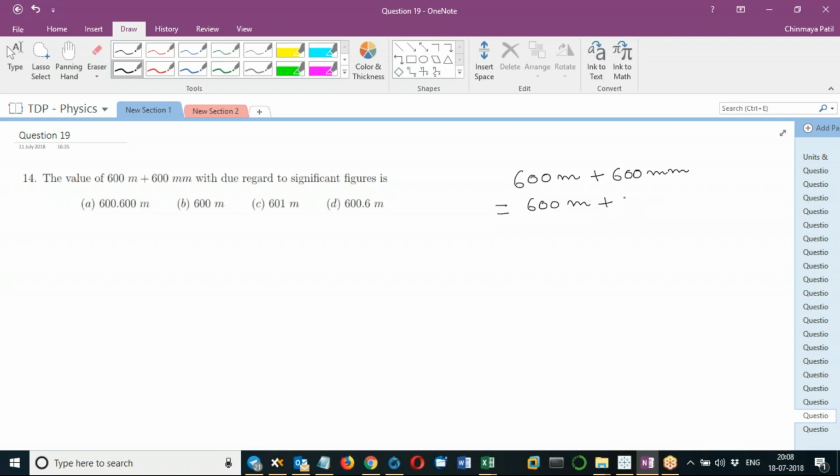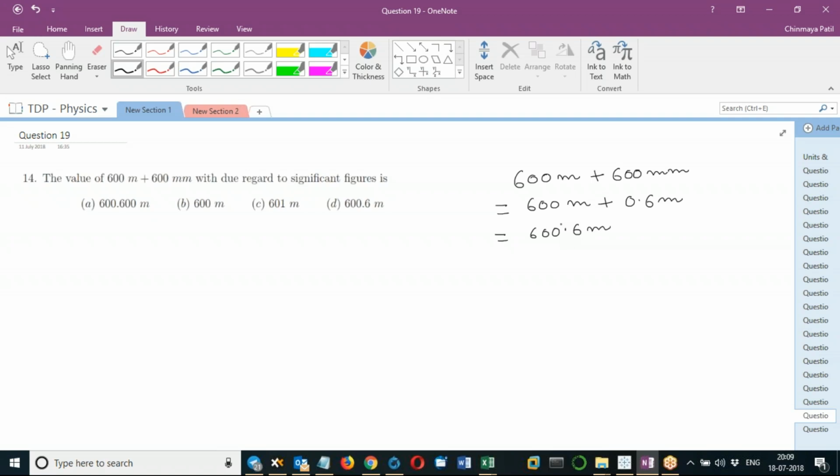Now let us convert that 600 millimeter. 600 millimeter is equal to 0.6 meter. So what do you get? Here you get 600.6 meter.